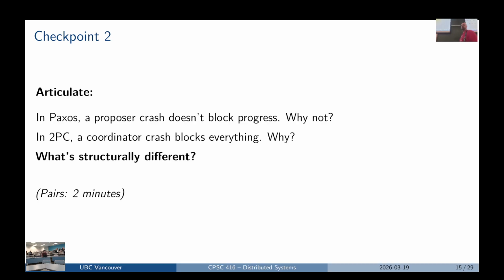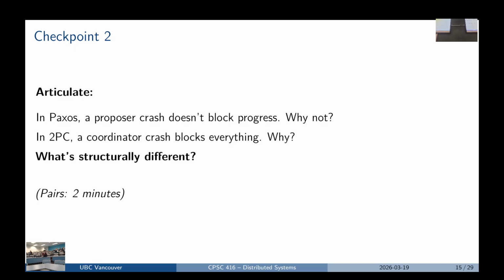All right. So, what did you come up with? The cookies worked. Okay. In Paxos, there is at least one node in a quorum that will know the very up-to-date state, and then it can probably take over when a particular proposer crashes.